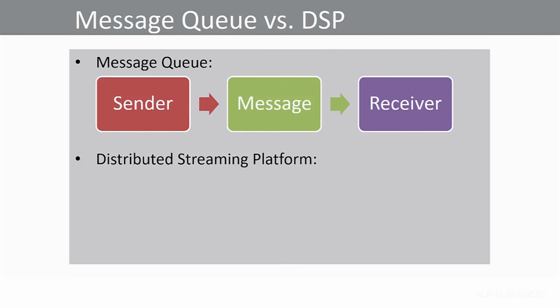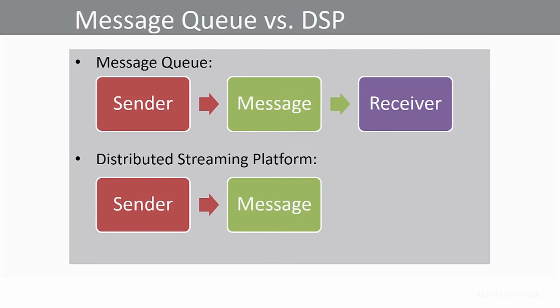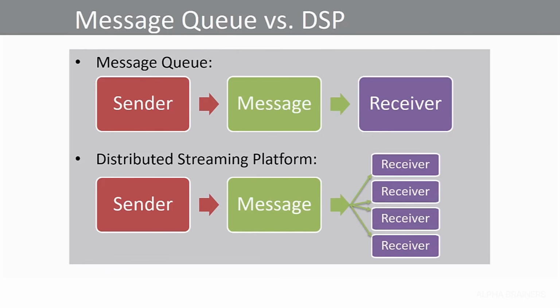That's different from what we're going to see with Kafka. Kafka works a little bit differently. We're going to have a sender, or possibly multiple senders, and it's going to send some kind of message, but there'll be not just one receiver, it'll be multiple receivers. That's why it's called a distributed streaming platform. It's not just going to go to a single receiver. There's not going to be a single queue, essentially. In fact, to be a little bit more fair, instead of actually sending the information to the receivers, it's more like the receivers are going to request the data from the message itself.